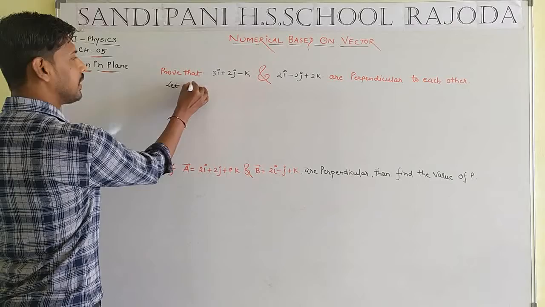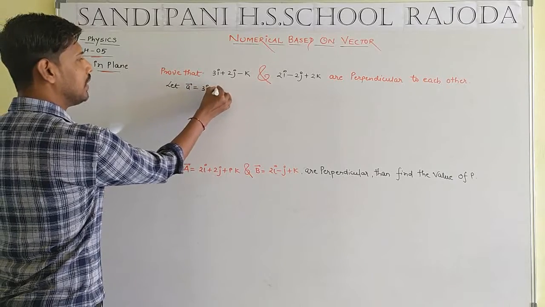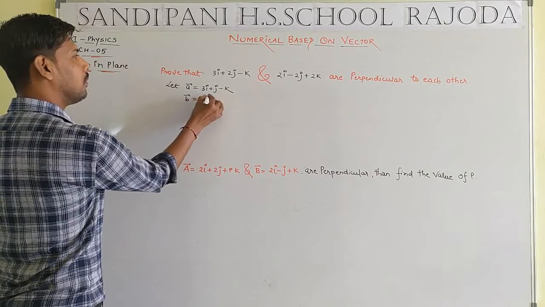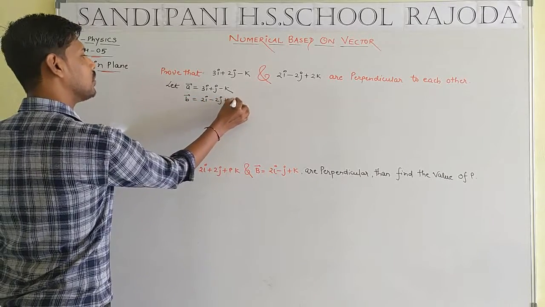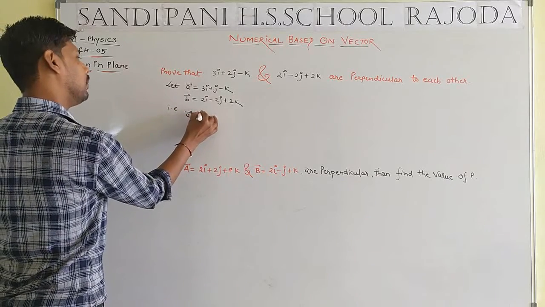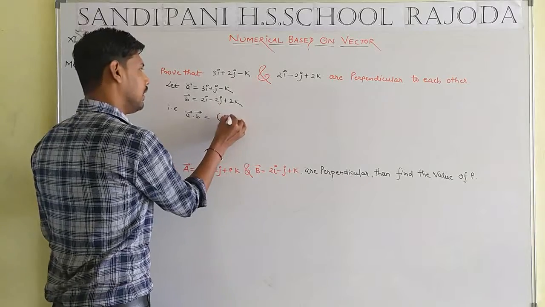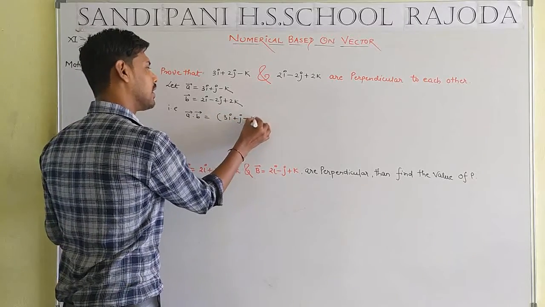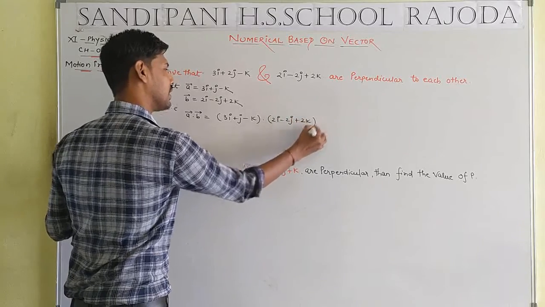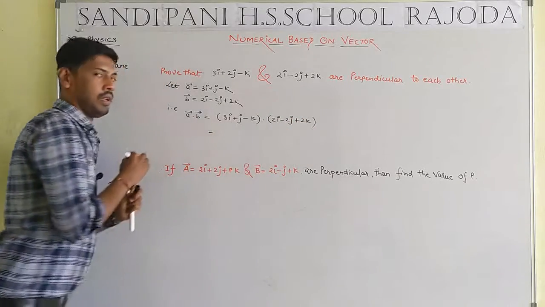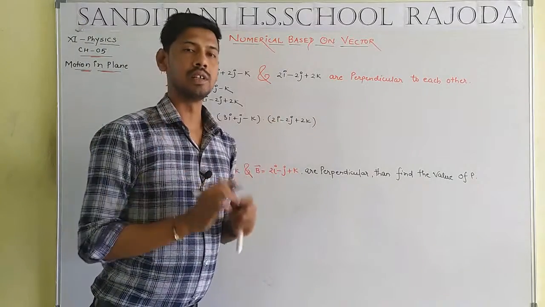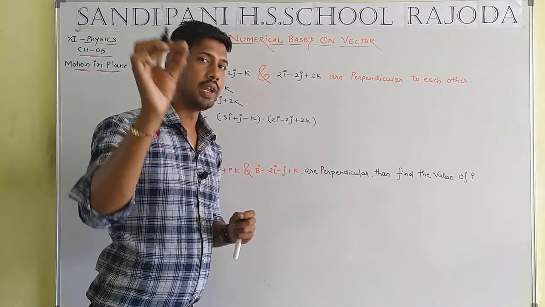Let us consider capital A will be equal to 3i plus j minus k, and vector B will be equal to 2i minus 2j plus 2k, such that A dot B, that means 3i plus j minus k dot 2i minus 2j plus 2k. We have to prove both are perpendicular to each other, such that we have to prove A dot B will be equal to 0.